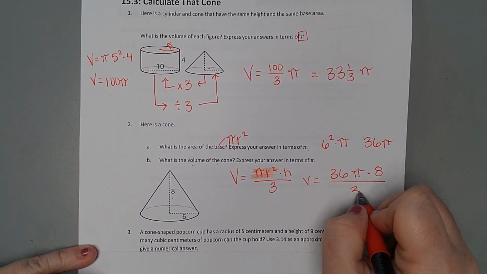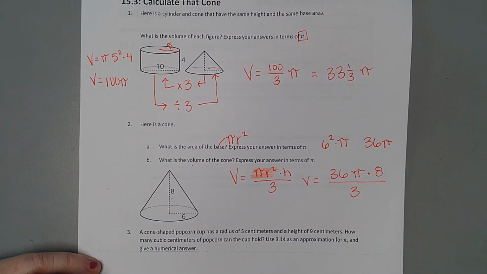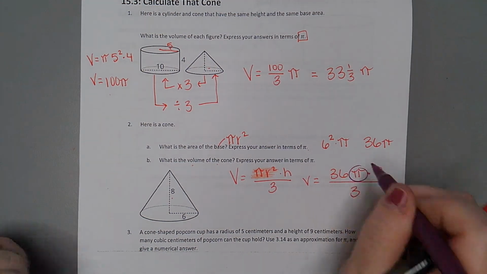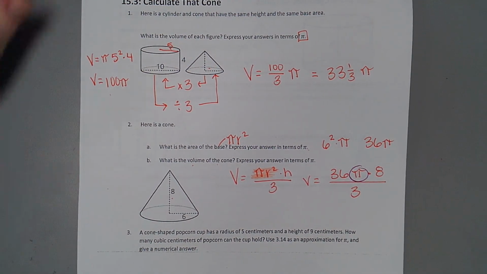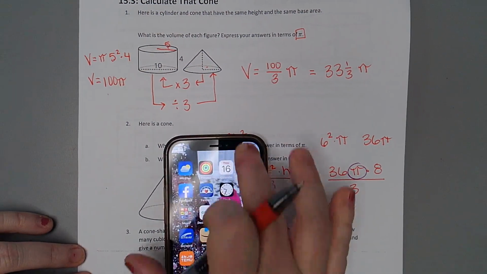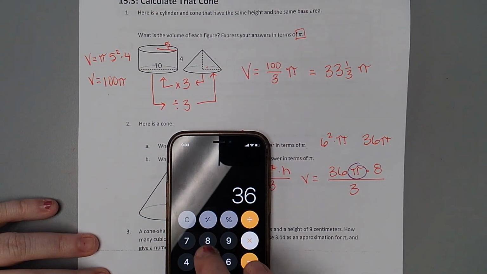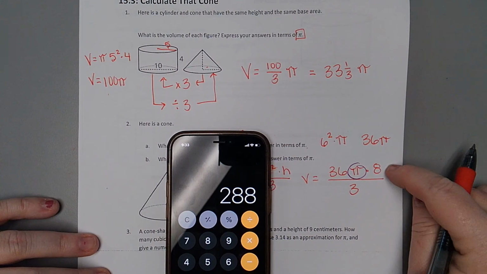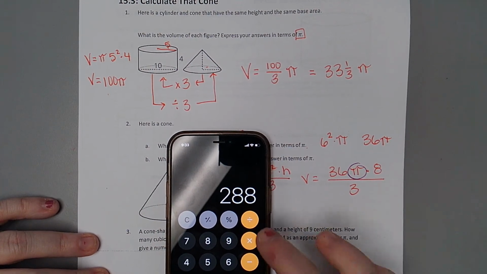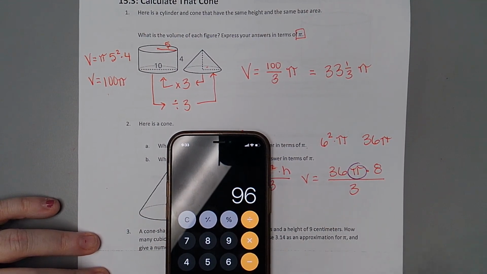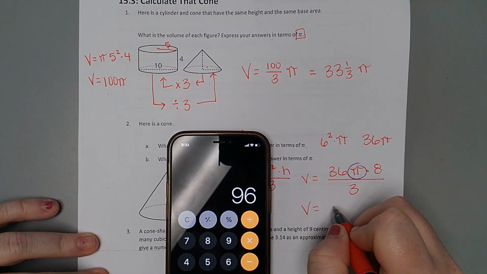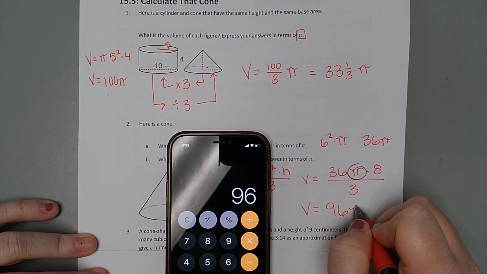And then we are going to divide it by 3. Remember, we are leaving our pi alone. So I'm going to have 36 times 8. That gives me my top. And then I'm going to do divided by 3. So our volume would be 96 pi.